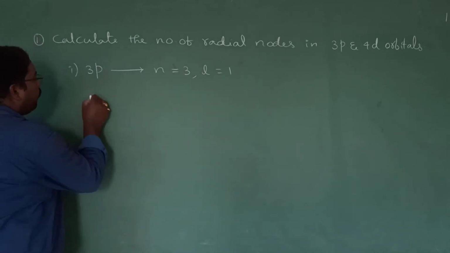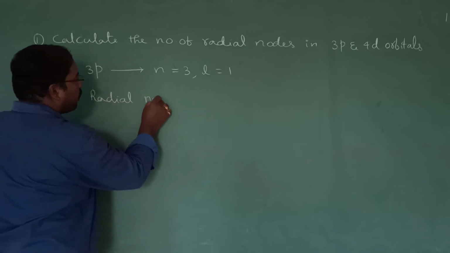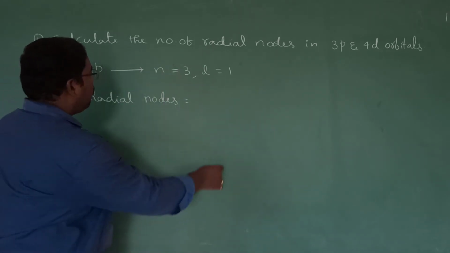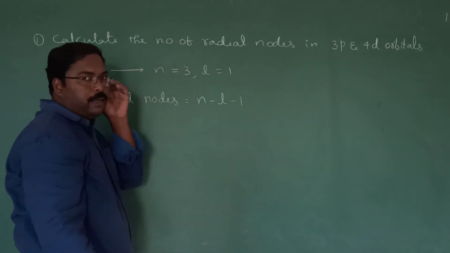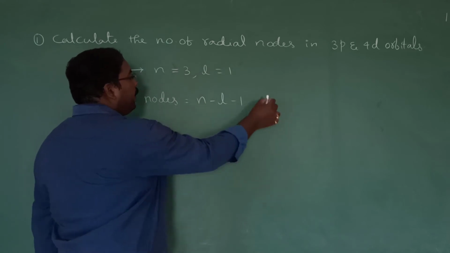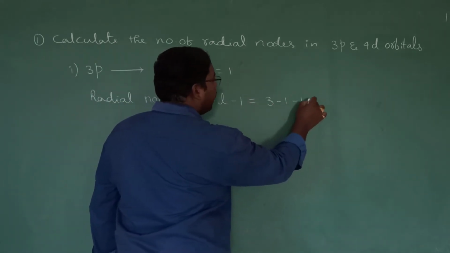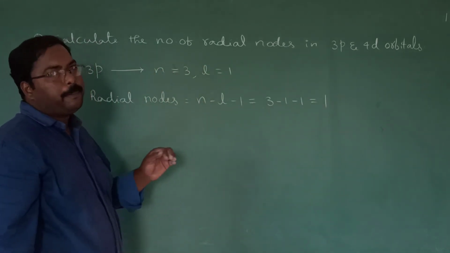What is the formula for radial nodes? Radial nodes formula: n minus L minus 1. So for 3p orbital, 3 minus 1 minus 1, so we will get only 1 radial node.